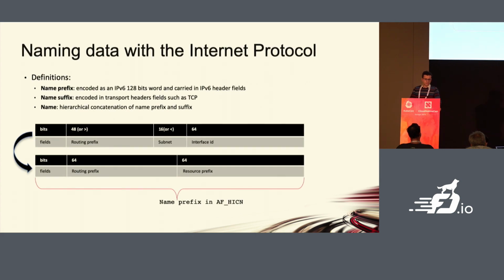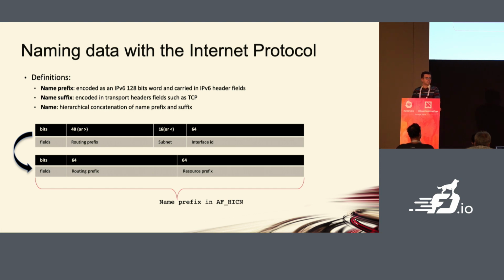So how do we do this? As I said, hICN is a layer 3 and layer 4 technology. The name prefix, as we call it, is an IPv6 address, so it's 128 bits. Behind this number you essentially have a data source. We call it a name prefix, even if from a locator perspective it's a full address.